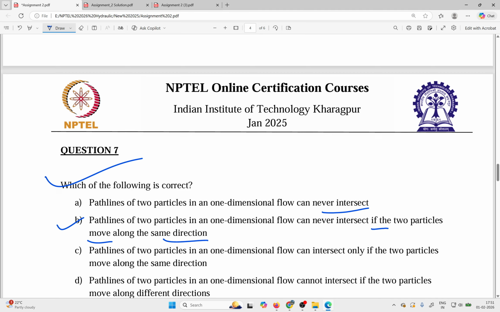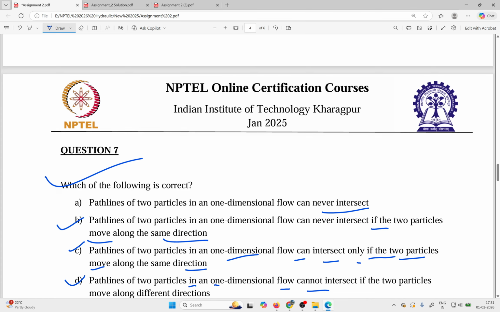Option C, the path lines of two particles in a one-dimensional flow can intersect only if the two particles move along the same direction. Option D, the path lines of two particles in a one-dimensional flow cannot intersect if the two particles move along different directions.